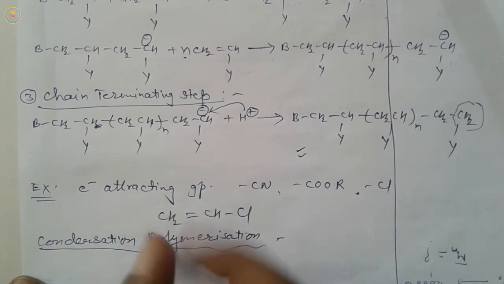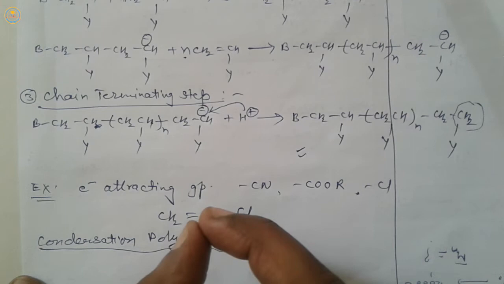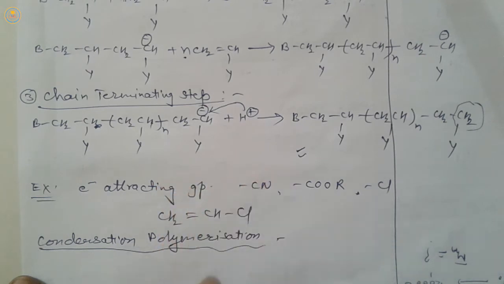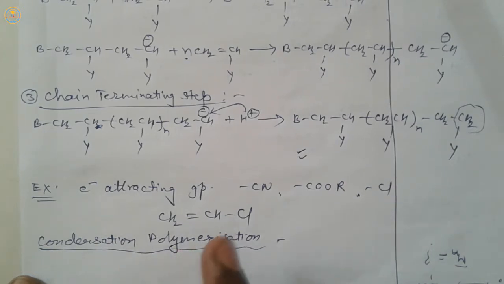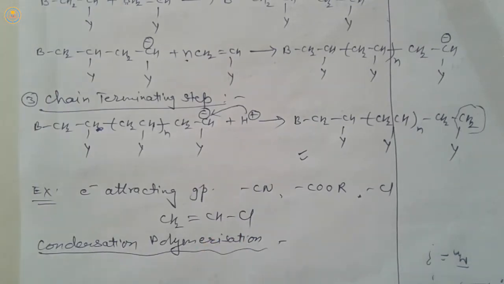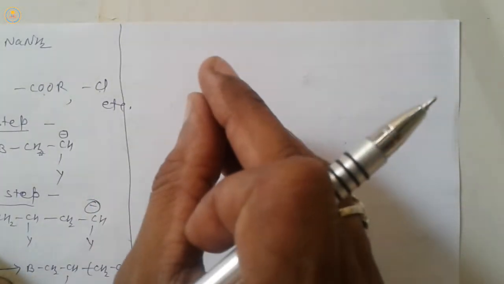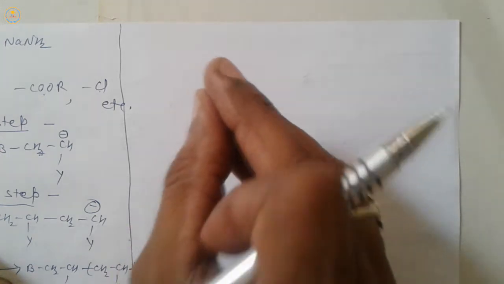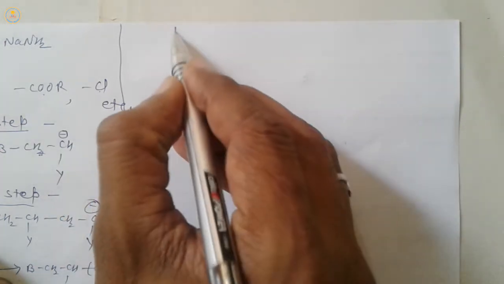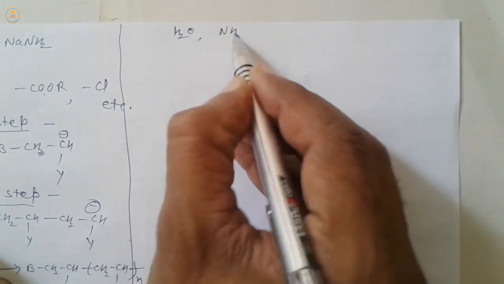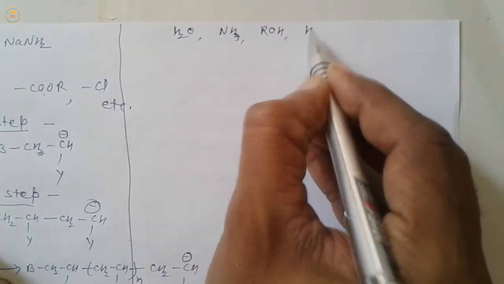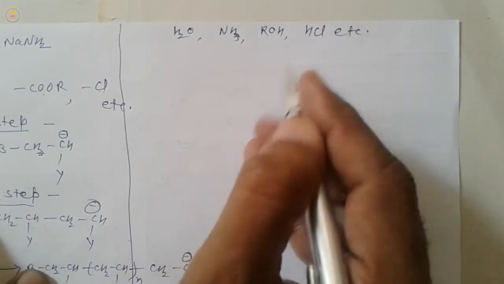I repeat, very important, two different bifunctional or trifunctional monomeric units are called condensation polymerization. These are of copolymer nature. In this polymerization reaction, elimination of simple molecules such as water, ammonia, alcohol, HCl, etc. takes place.